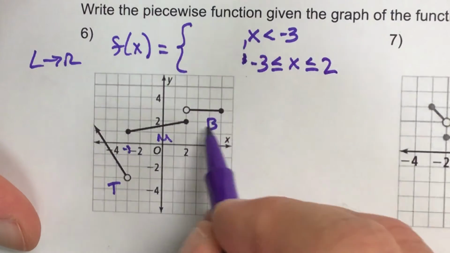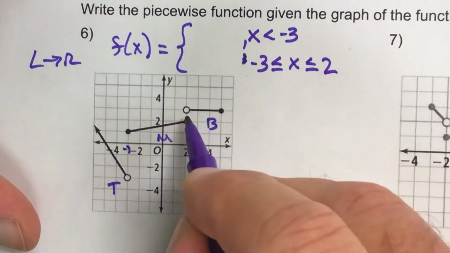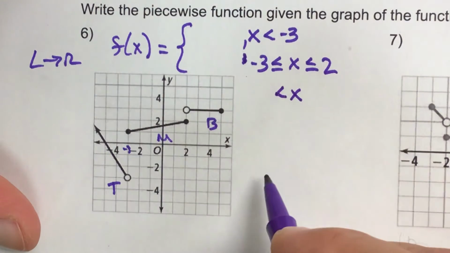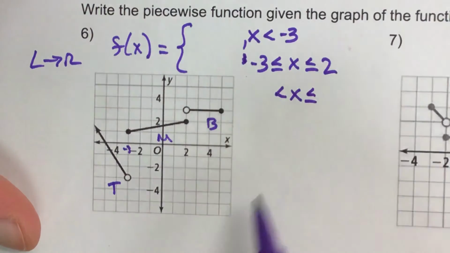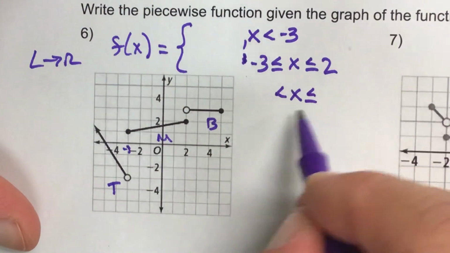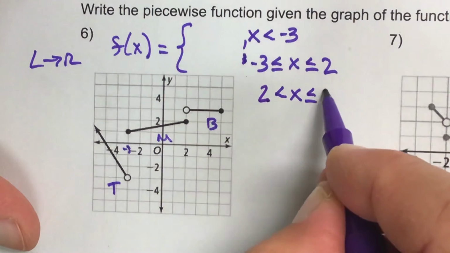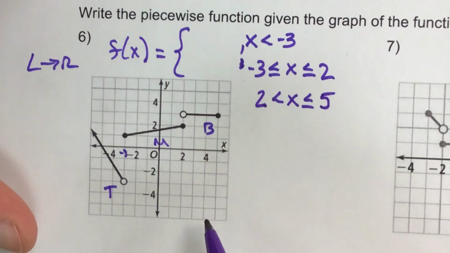And then the bottom equation is the one that's from 2. This is an open dot, so we know that it's less than. This is a closed dot, so it's less than or equal to. So we got 2 here, and then this then is 5. That's what we've got.